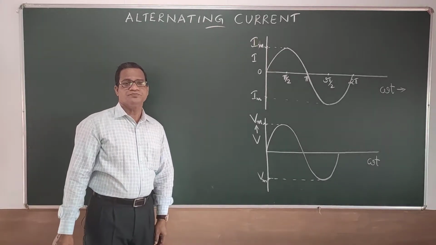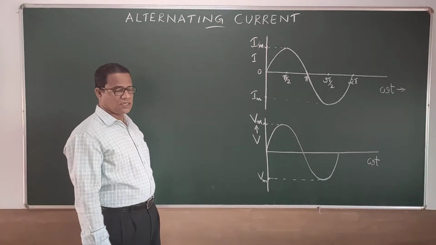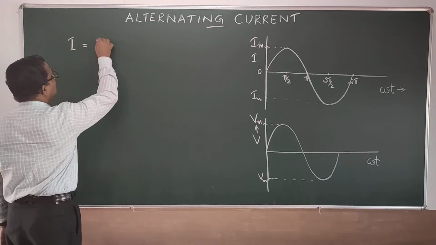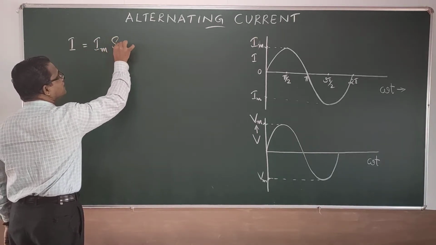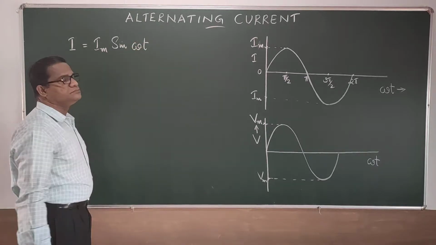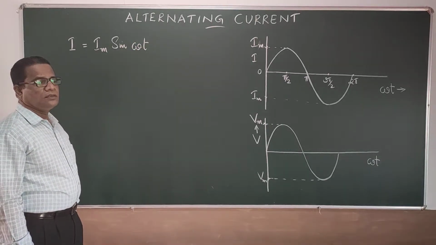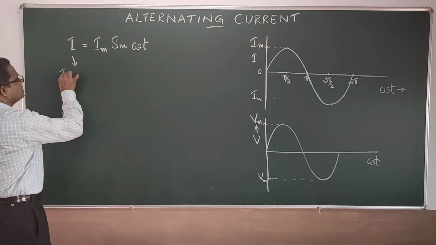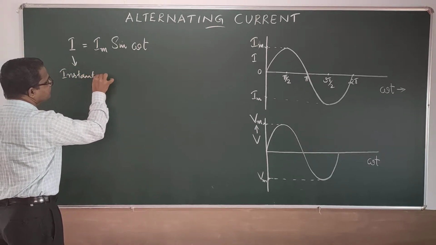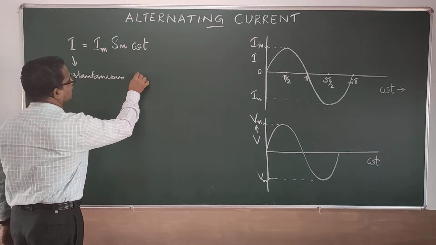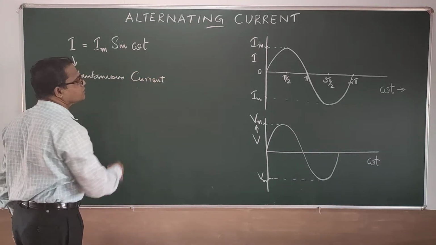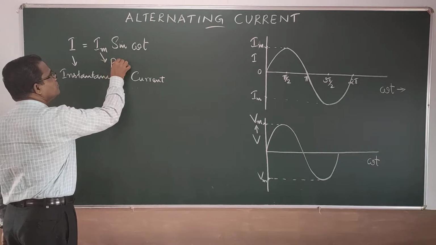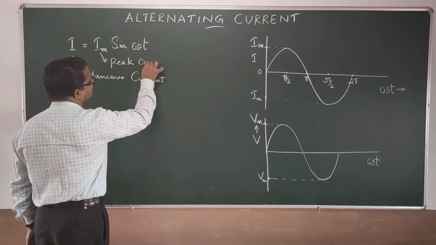So in general, we can represent the alternating current in the form I equal to Im sine omega t, where I is called the instantaneous current, and Im is the peak value of current.